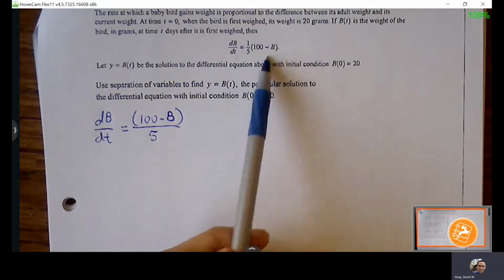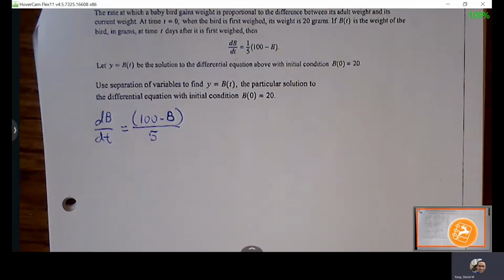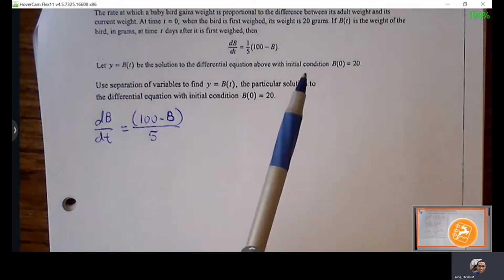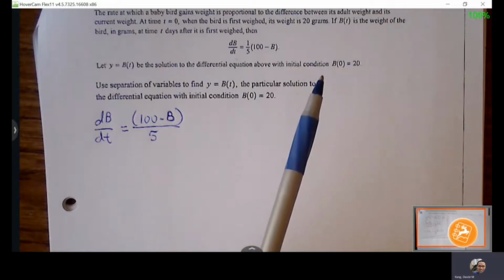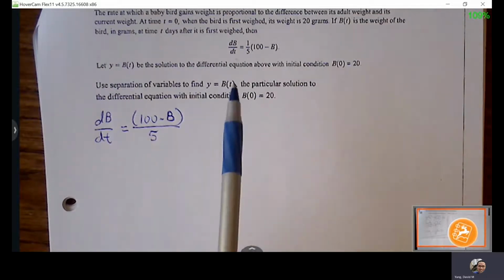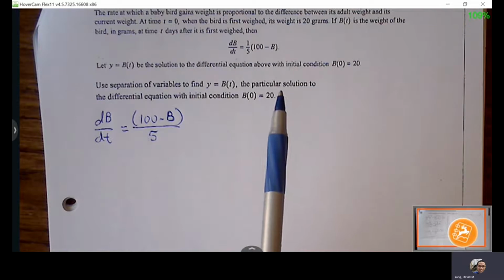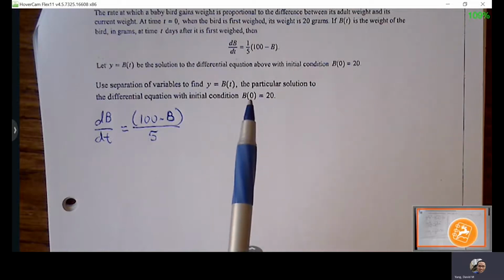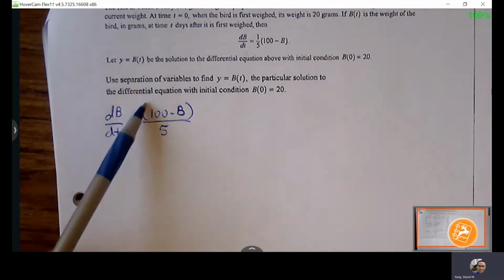If you distribute the 1/5 through, you lose that start position that the problem has begun for you. Normally when we solve an integral problem, I always say expand everything out, get rid of the parentheses. But here for a differential equation, the parentheses are there to help you. You don't want to lose the parentheses.